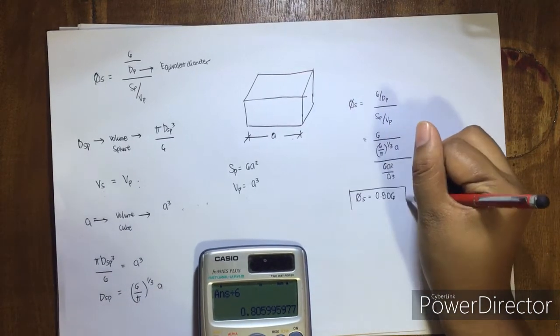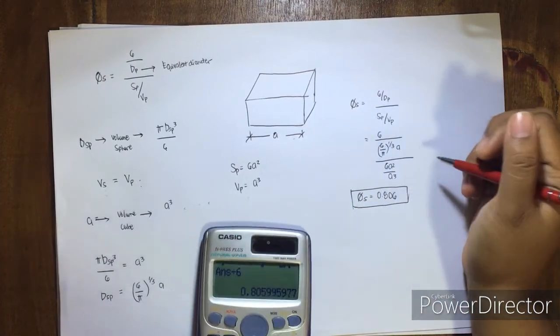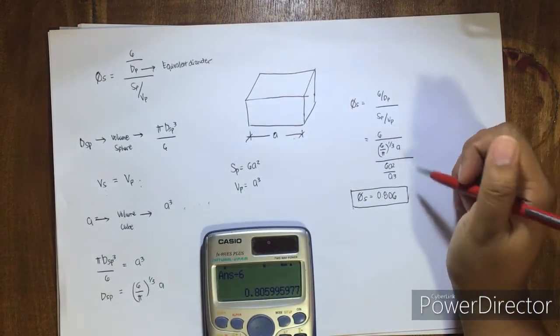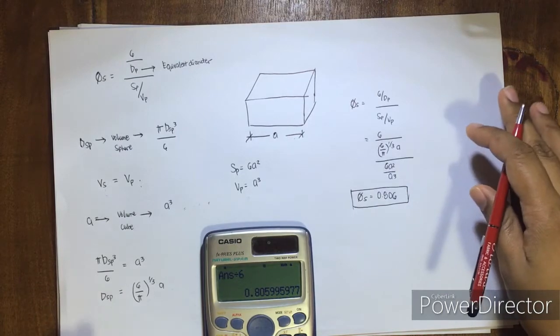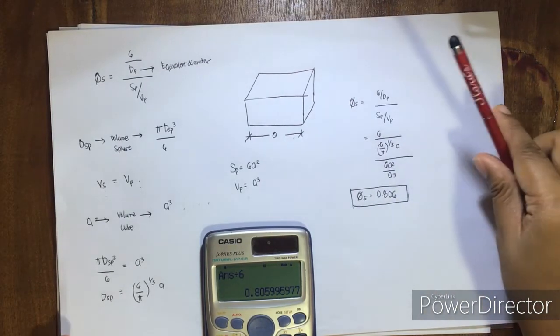So the sphericity of a cube having an edge A is equal to 0.806. So that's how you find the sphericity of non-spherical particles.